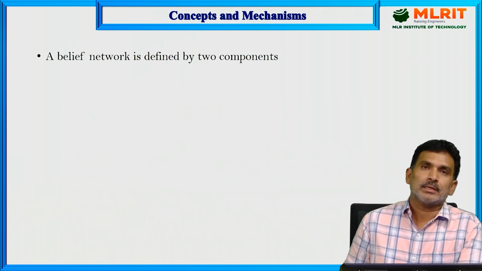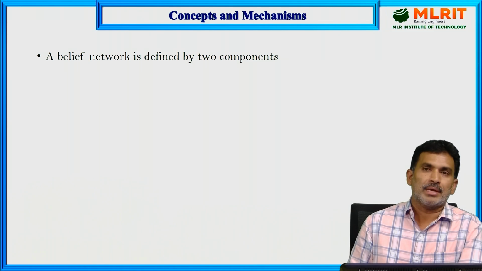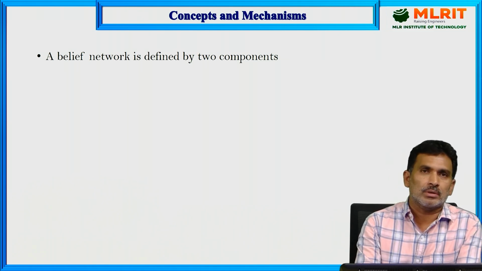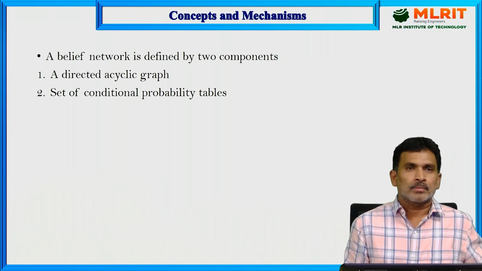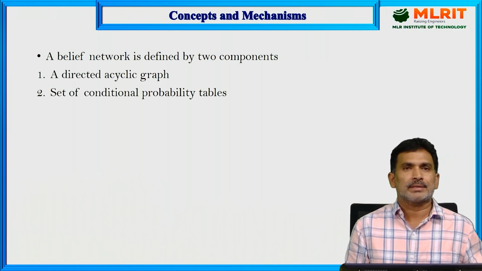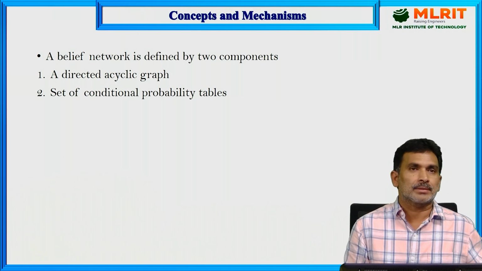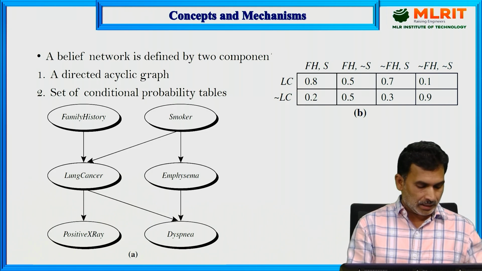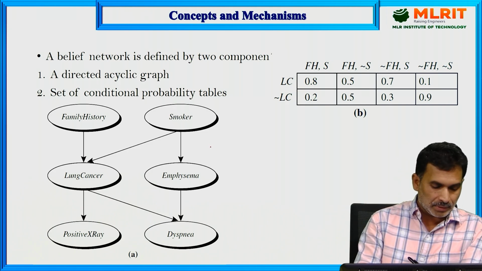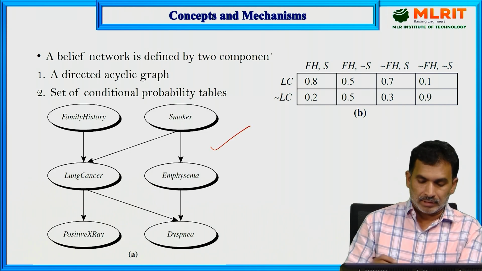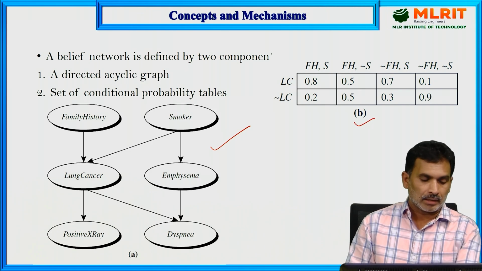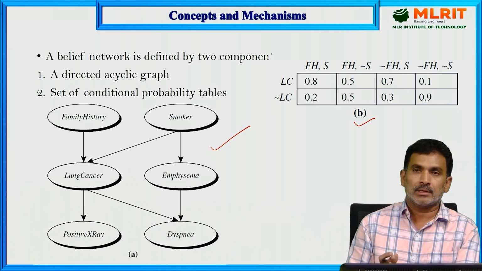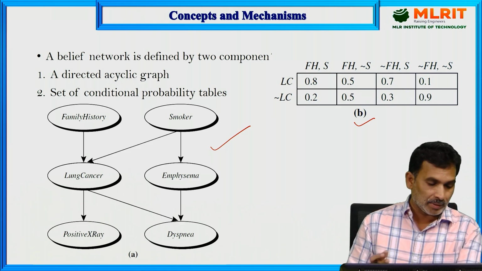Let us see how we can define a Bayesian belief network. A Bayesian belief network is defined by two main components: a directed acyclic graph and a set of conditional probability tables. From that example, I obtained these two diagrams, A and B. This represents the directed acyclic graph, and this is a conditional probability table for a single variable, which we will discuss in the coming slides.